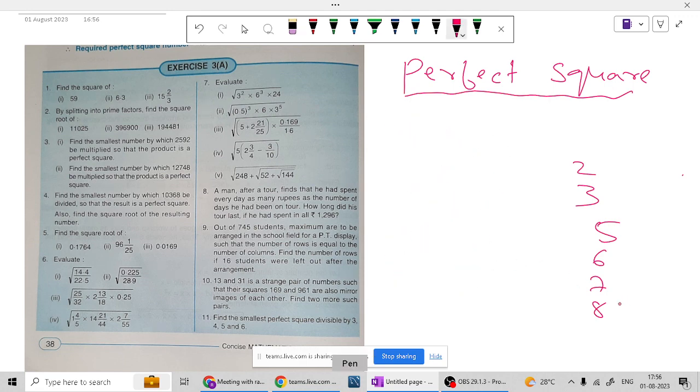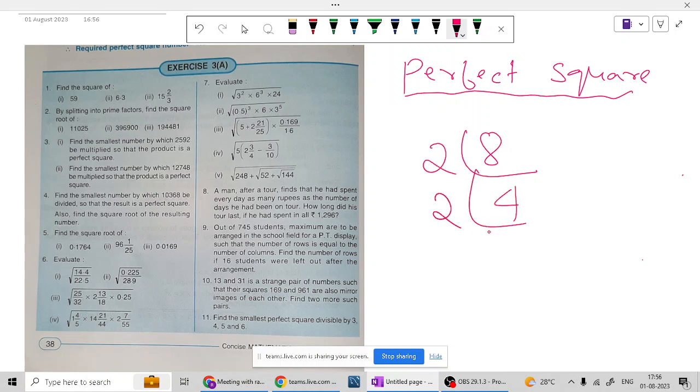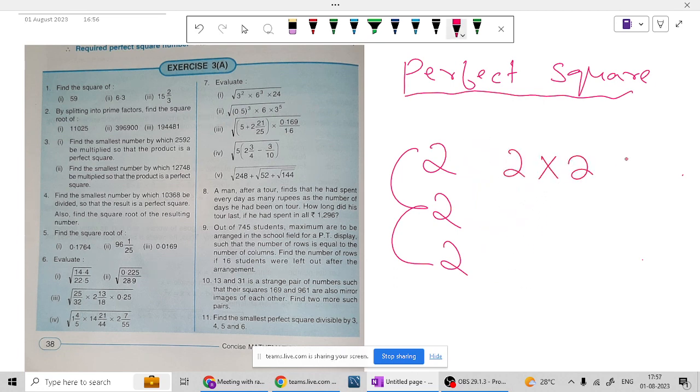What about 8? Try 8, students. Factorize 8. If there are perfect squares, there are also imperfect square numbers. So we start with 2. 2 4s are 8, 2 2s are 4, then 2 1s are 2. How many 2s do we get? 3: 2 into 2 into 2.